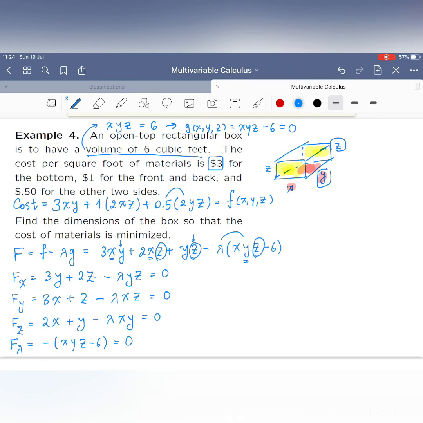So what are we going to do? Let's see. This depends on how good your algebra is. This is xyz equals to 6, right? That's one of the conditions.